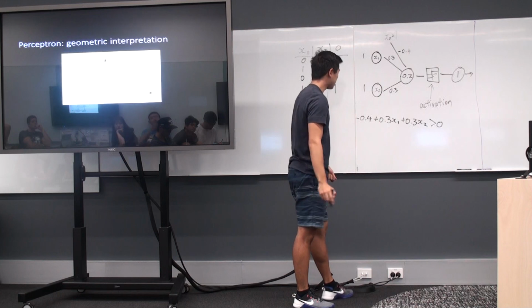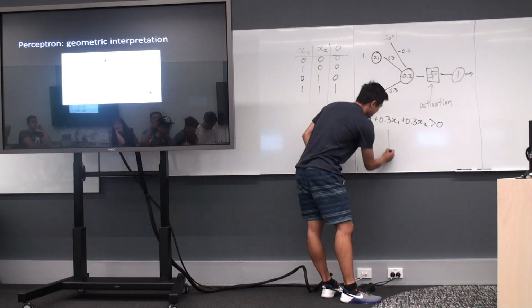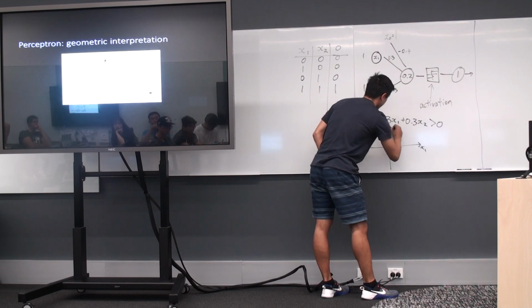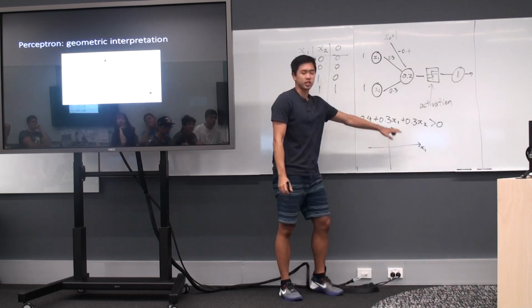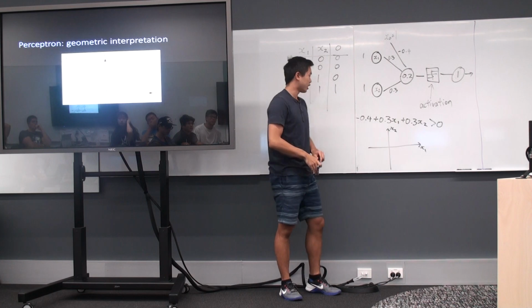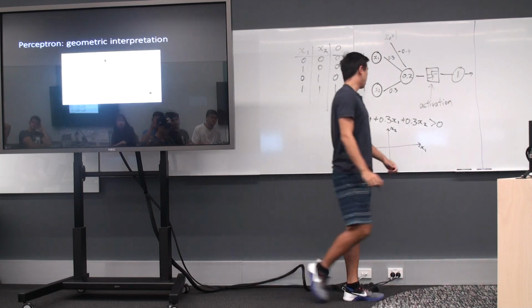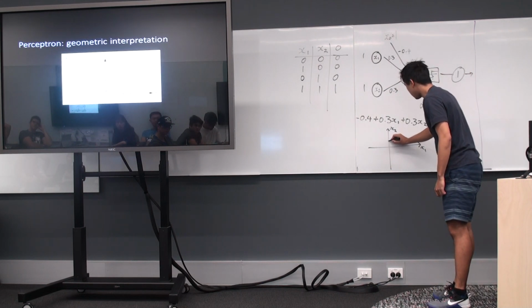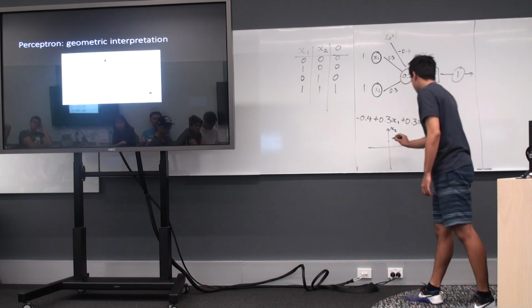So in other words, we can plot this kind of decision boundary. Since this is very simple, it's just 2 variables, we can plot this. There's a 0.4 here.